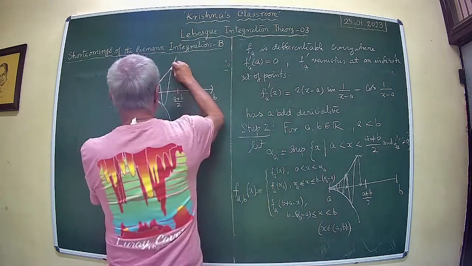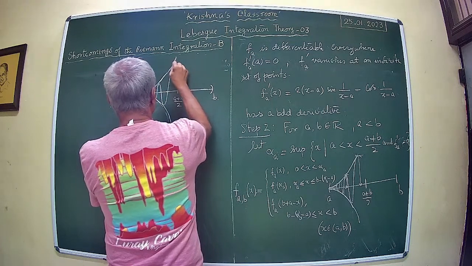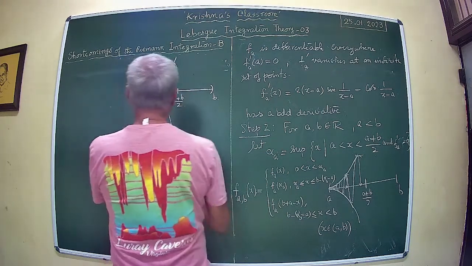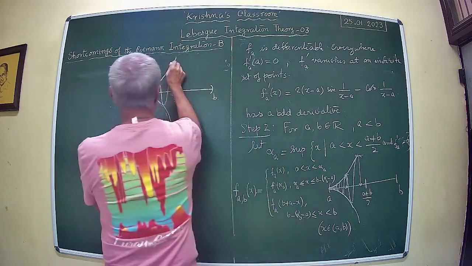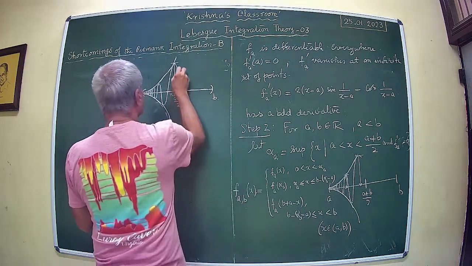And you see this point is where it bends down, and this point is what you call alpha. This is the point alpha, where the tangent becomes parallel just before (a+b)/2.